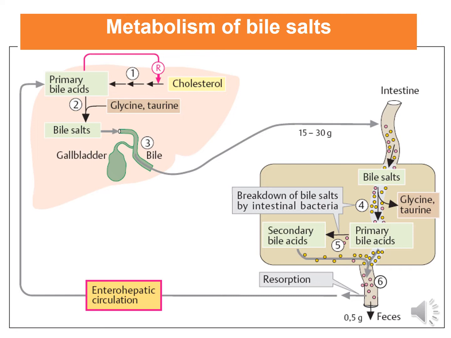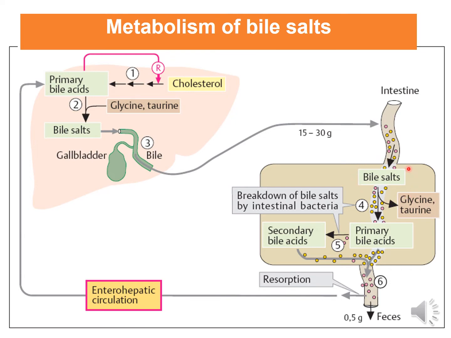Bile salts in the liver are synthesized from cholesterol. Two primary bile acids conjugated with glycine and taurine form bile salts, which are collected in the gallbladder and released with bile to the intestine.